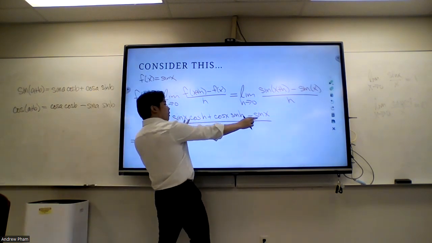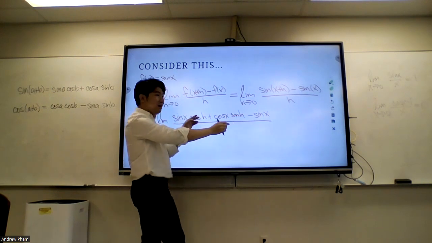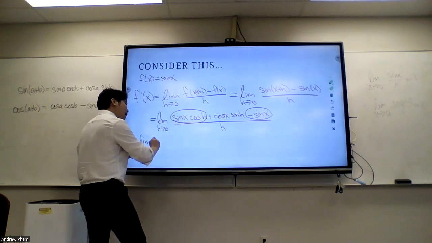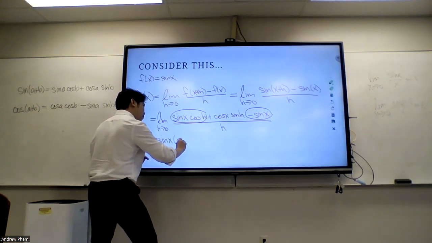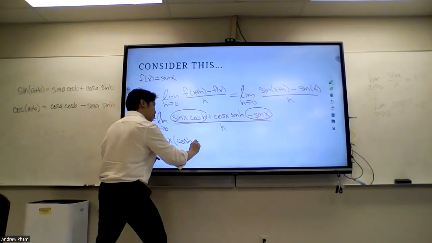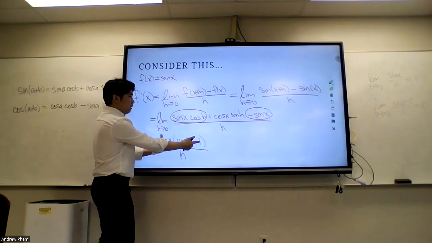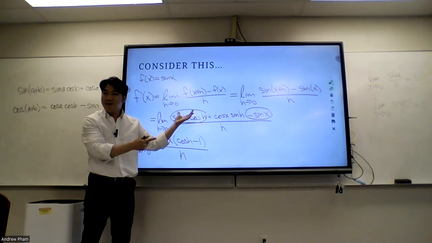First off, would you all agree that both of these have a sine of x? So really, if I look at this expression and this expression, I should be able to write this: sine of x times cosine of h minus 1. So this part is the same thing as what I circled. I can take out a sine of x if I wanted to.